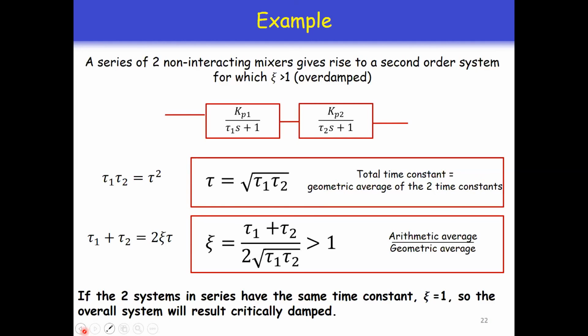So if you have four first-order systems in series, the overall system will be fourth order. So this specific example that I mentioned applies when you have two first-order systems non-interacting in series. Does this make sense for you?